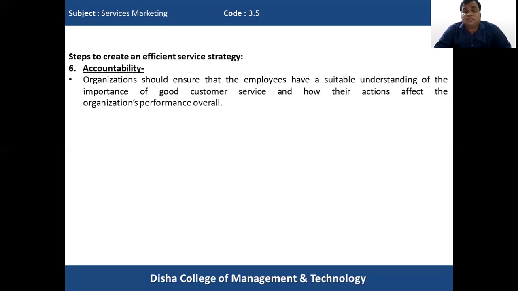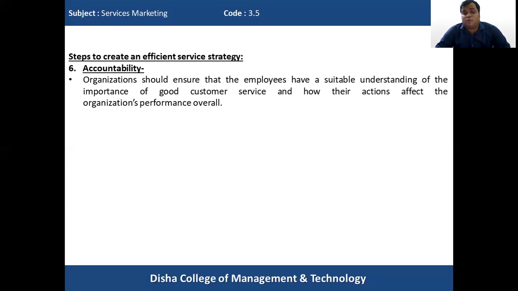Because if the people who are interacting with the customers do not give good customer service, or do not align themselves with the mission, vision, and target of the organization, then what happens?